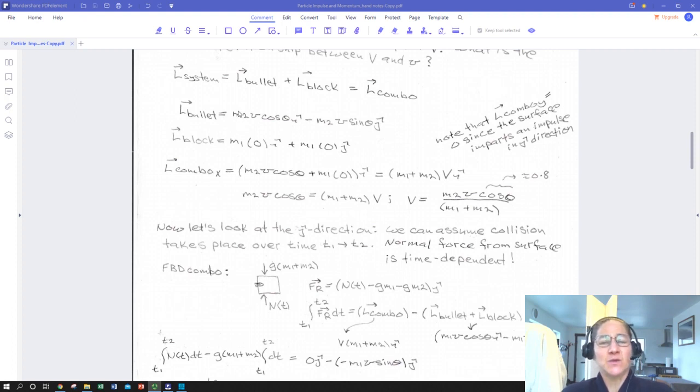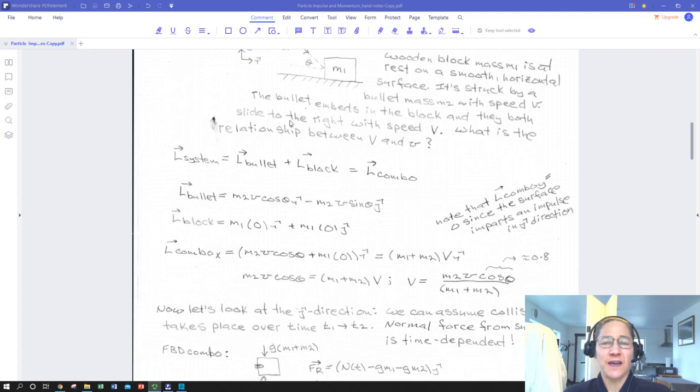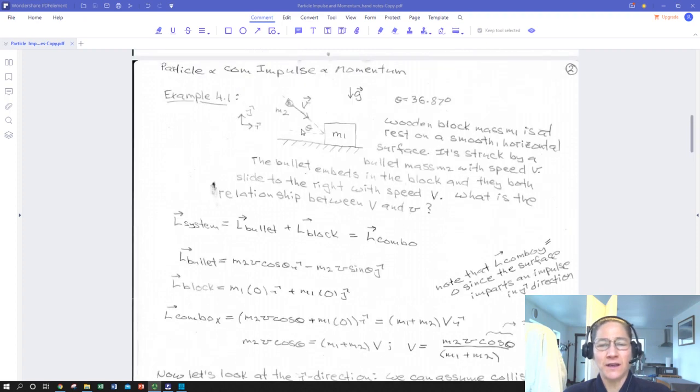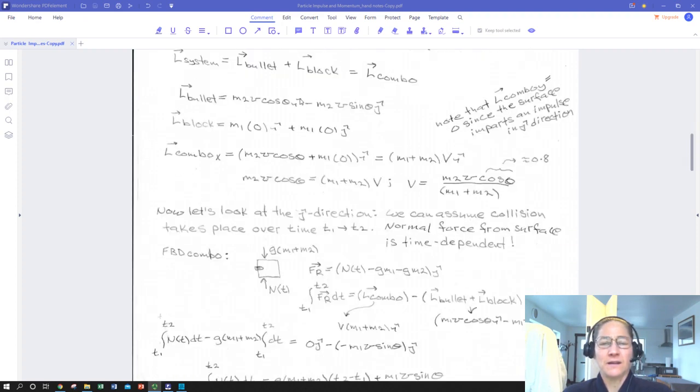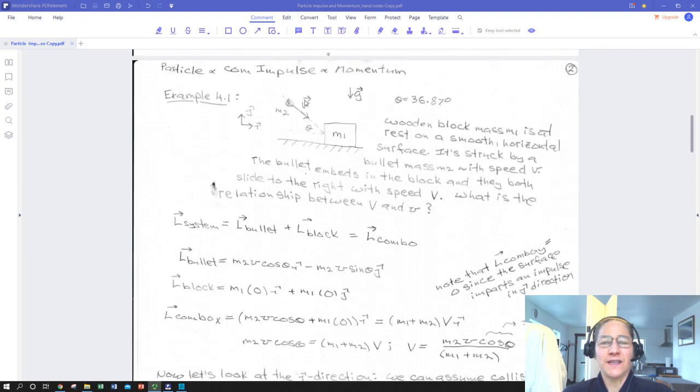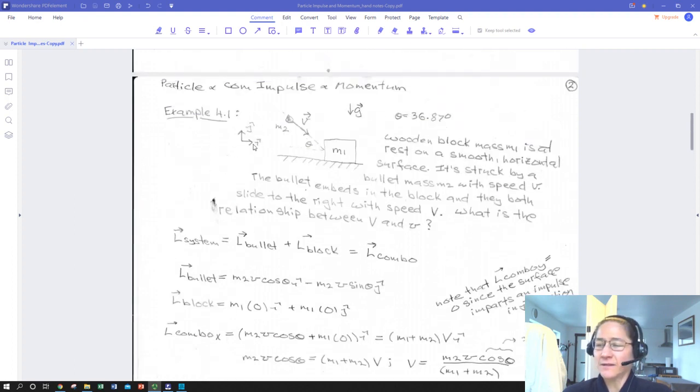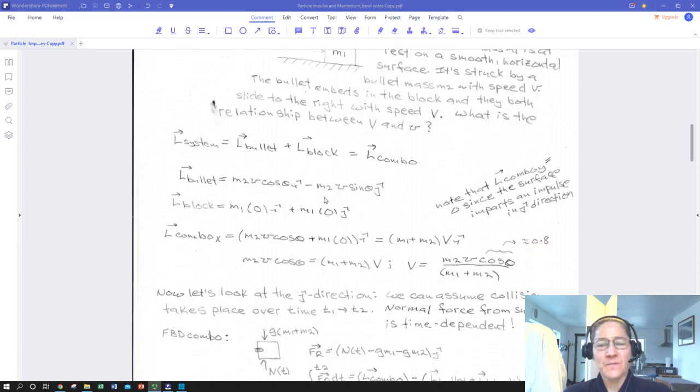The bullet's mass was m2, and so its velocity in the x direction is just its total velocity magnitude v times cosine theta, that angle that it's coming in at here. I've designated i hat x positive to the right and y positive going up. And its y component is negative m2 times the magnitude of the velocity times sine theta in the j hat direction, going down.